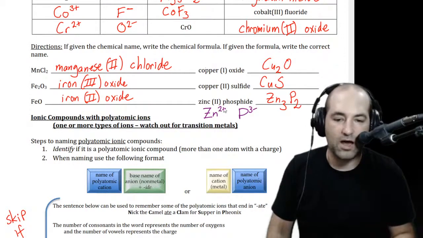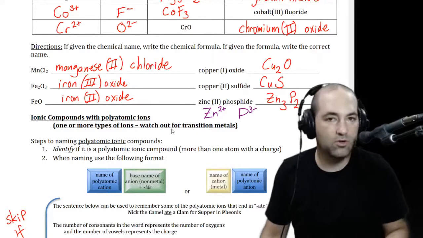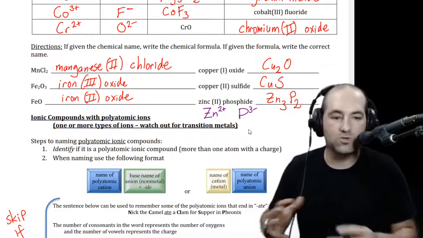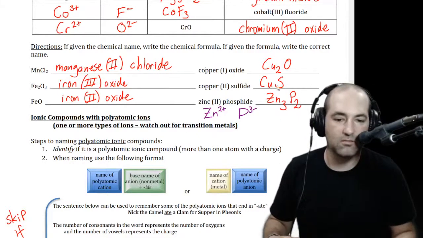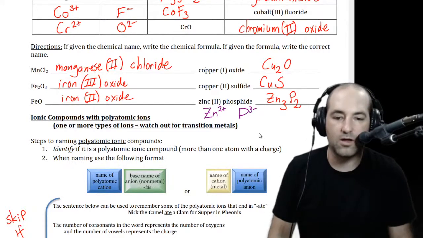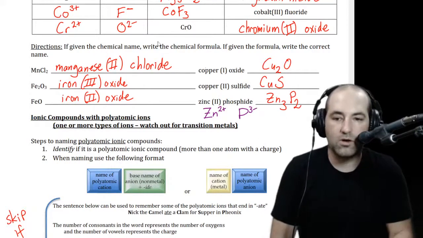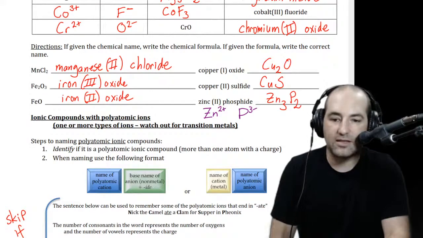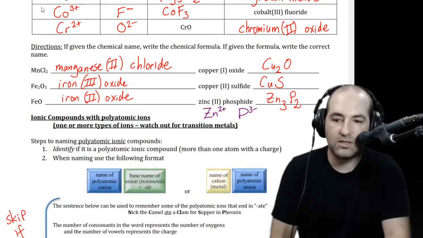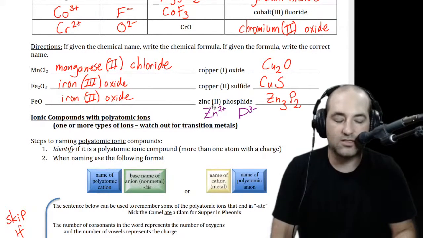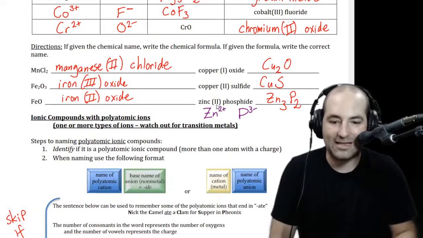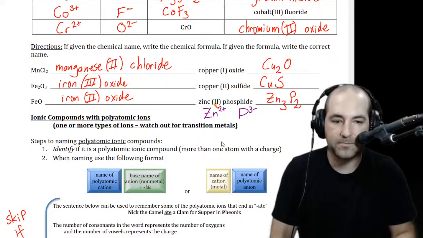Whenever we have a 2 plus and a 3 minus, or a 3 plus and a 2 minus, you have to switch those numbers so that you get the overall formula as Zn3P2. Notice again that even though everybody wants that 2 in zinc 2 to mean a subscript 2, it's not. It's the charge. So the 2 is the 2 plus right there.